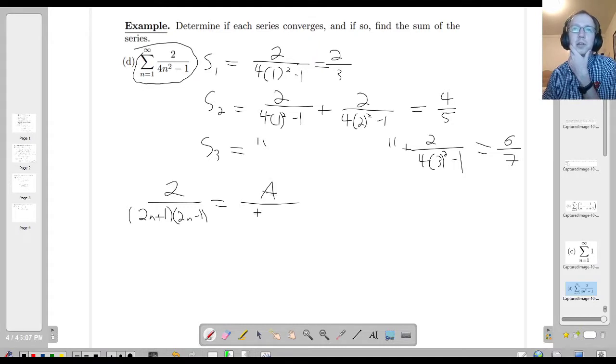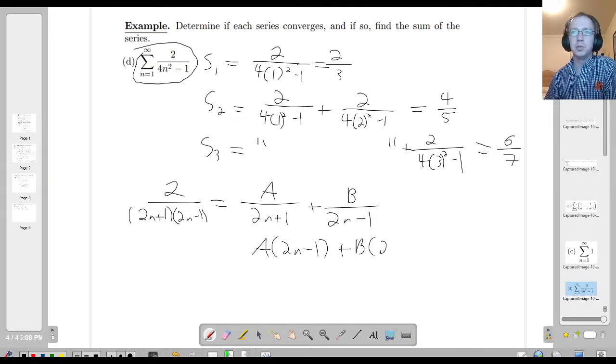So I would be looking at something over 2n plus 1 and something else over 2n minus 1. Let's get a common denominator here. I would get a times 2n minus 1 plus b times 2n plus 1, over 4n squared minus 1. And that's all supposed to be equal to 2 over 4n squared minus 1.